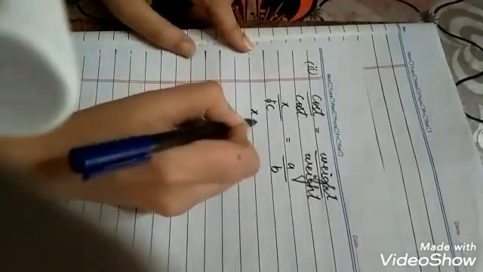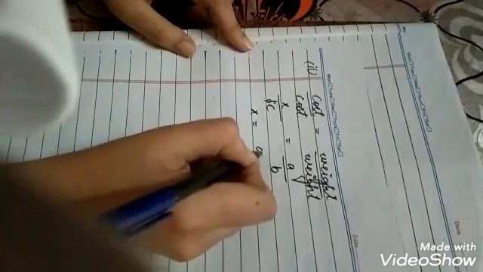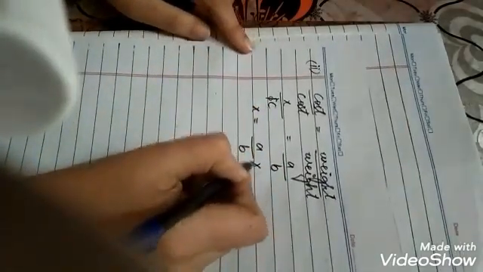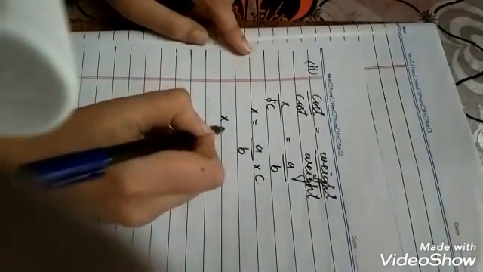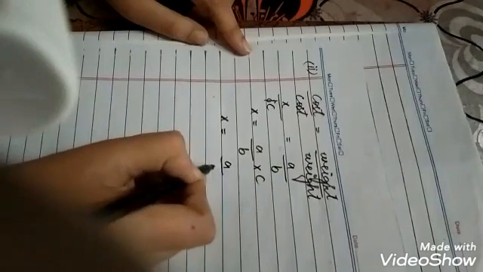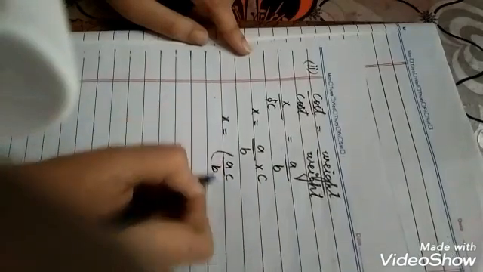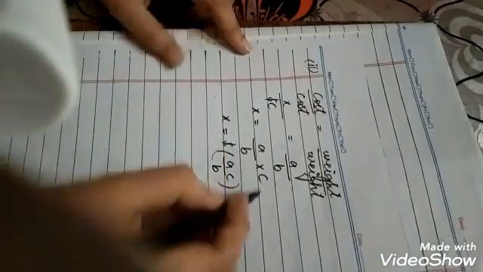X we have to make separate on one side. This remains same. This will be multiplied on other side. X is equal to A by B C dollar.